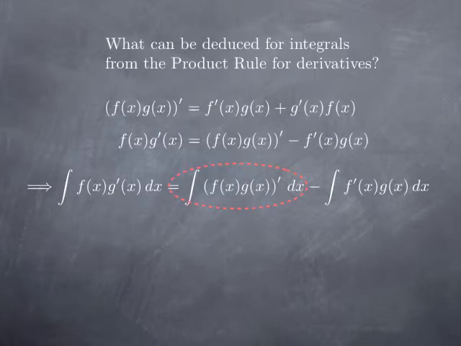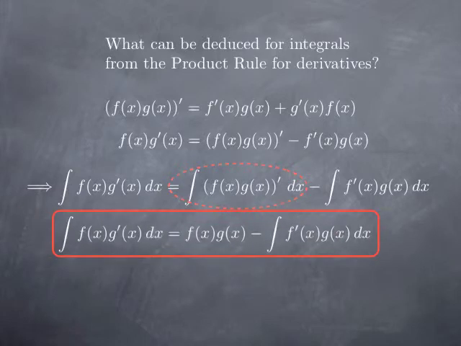Now this term can be simplified because here we are looking at an antiderivative of the derivative of f times g. So of course f times g is one antiderivative of its derivative.